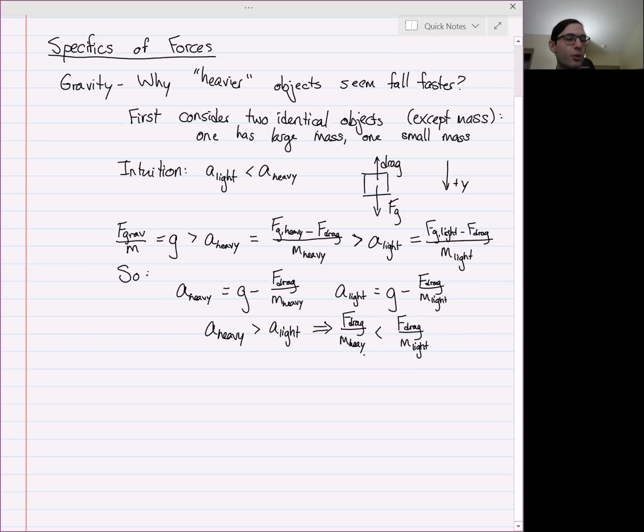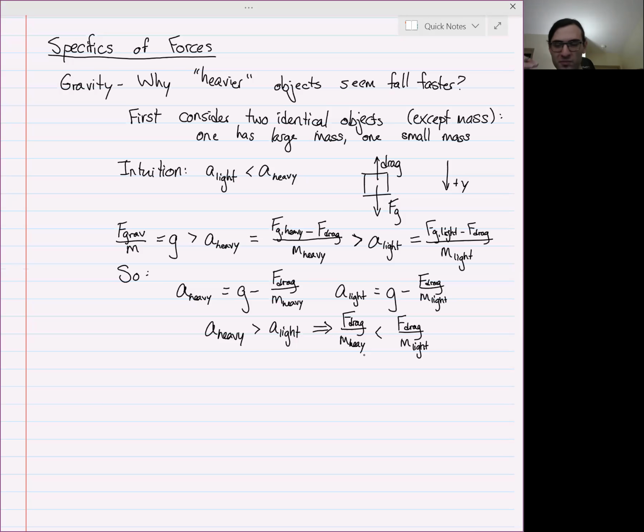So to answer the question, why does the heavier object accelerate more? Well, they experience the same contribution to their acceleration from gravity, but the negative contribution to the acceleration from the drag is smaller for the heavy object. And that's because the forces between the two objects are the same, but the masses are different.